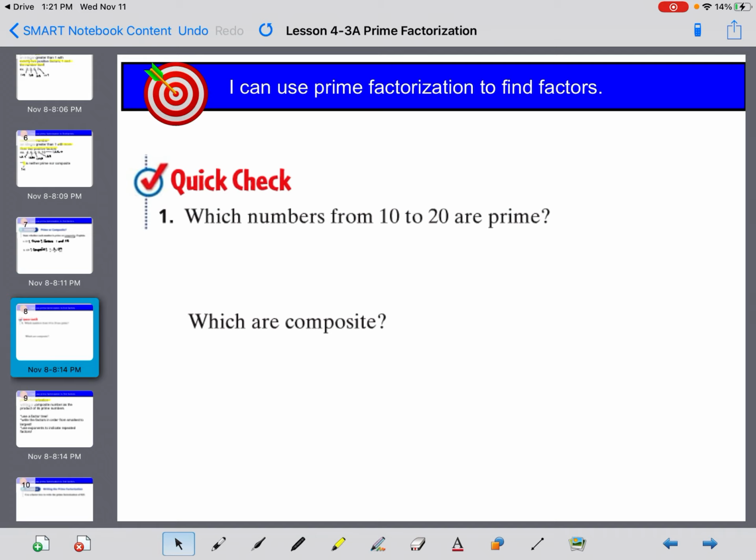Which of the numbers from 10 to 20 are prime? Which are composite? Pause the video and sort the numbers between 10 and 20. Then come on back to compare your answers to mine.